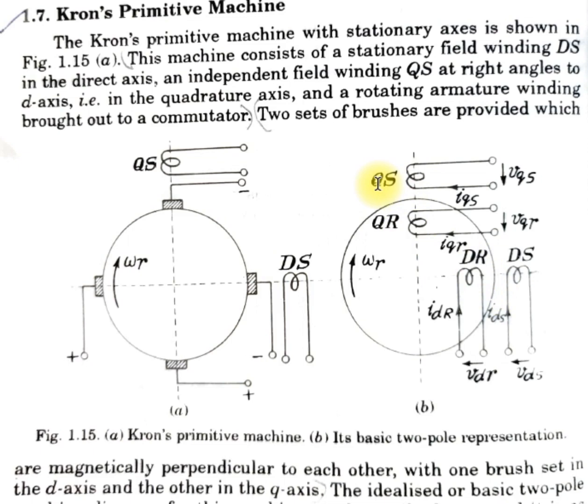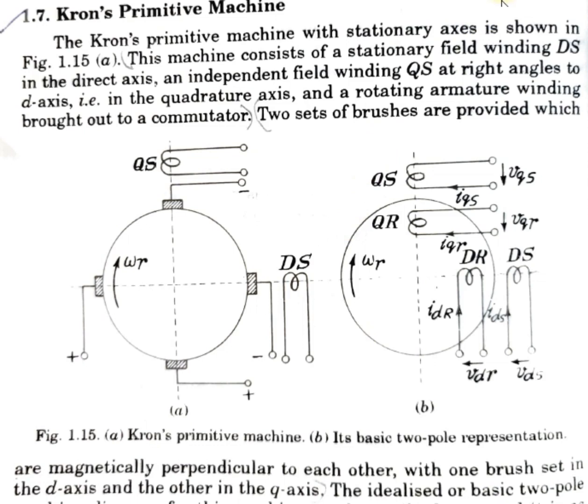So the normal DC machine could be symbolized out of this two-pole representation of Kron's primitive machine. Similarly, we can see such things for other machines as well.